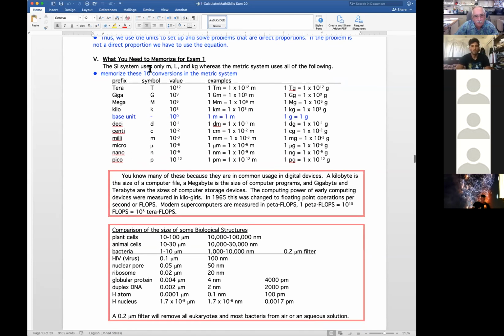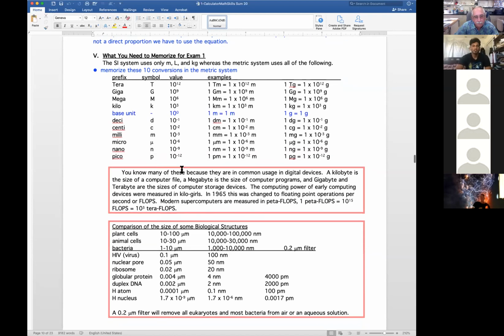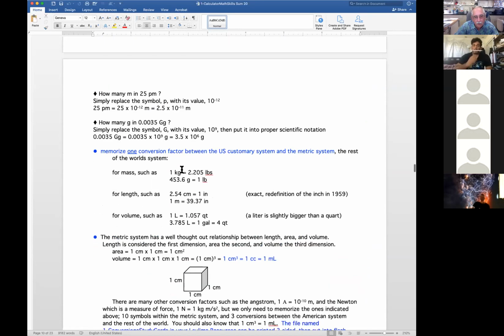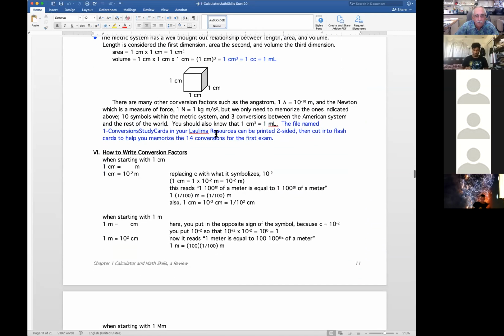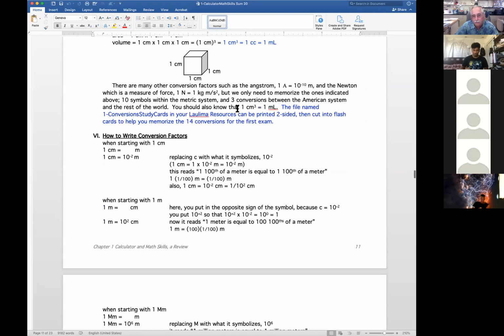So here's the letters that you need to have memorized before the exam. And then here's, in between the two different systems, you should know one of those. So here's your last one. That's the 14 conversion factors that you're supposed to know for the first exam.